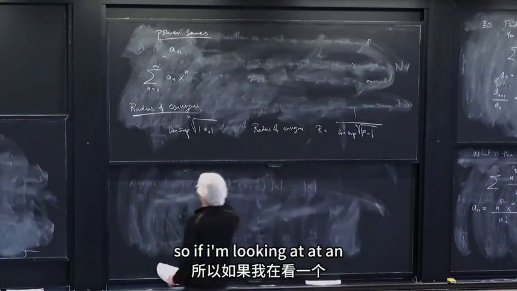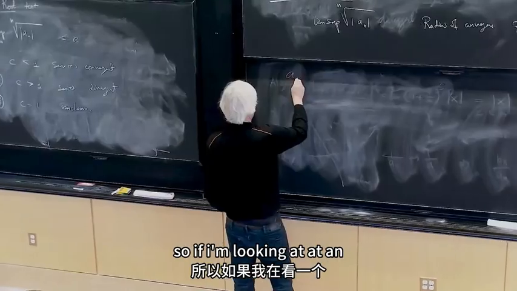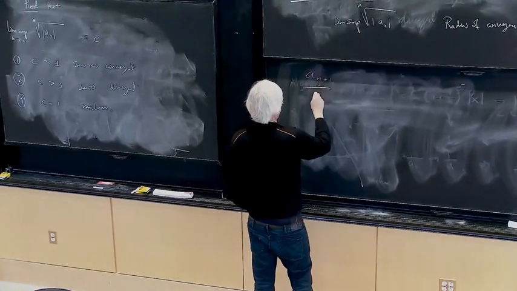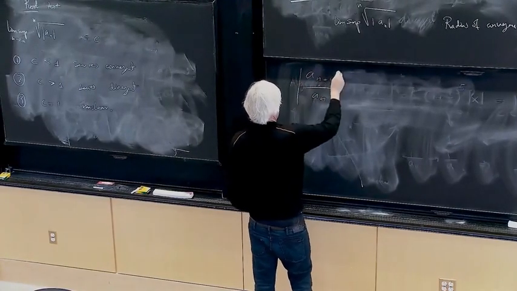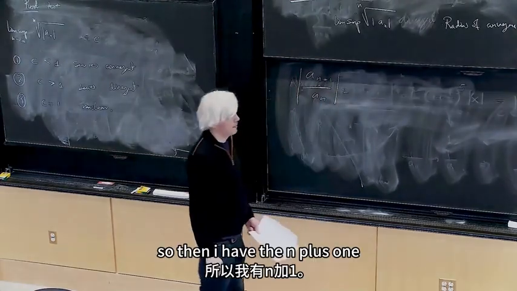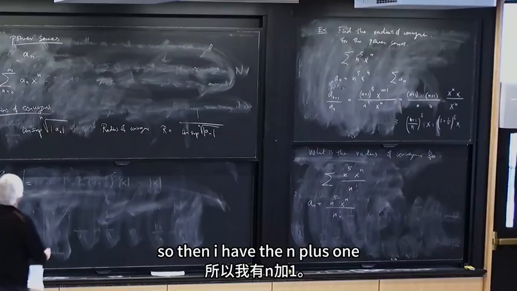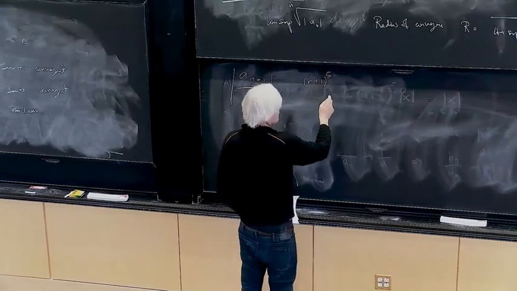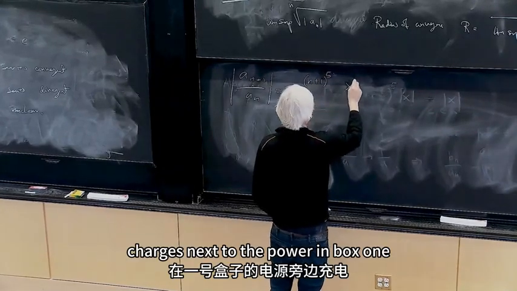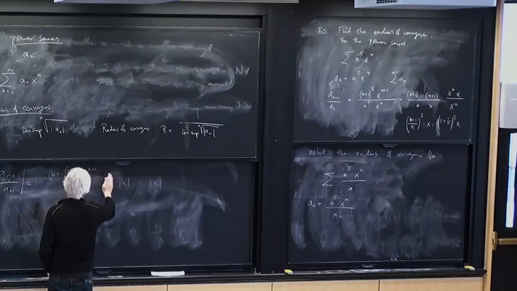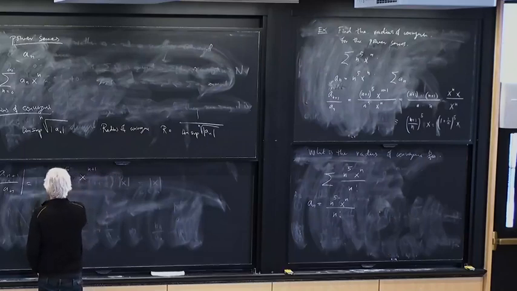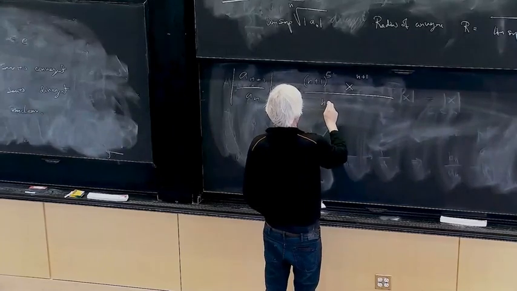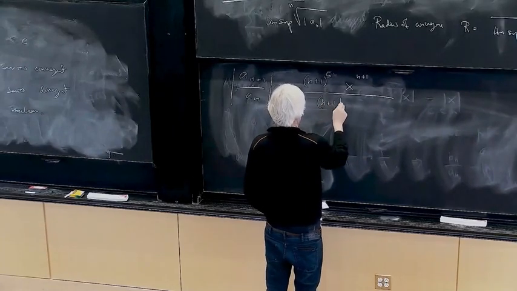So if I'm looking at a_{n+1} over a_n, then I have (n+1) to the 5th power times x to the power n+1 over (n+1) factorial.